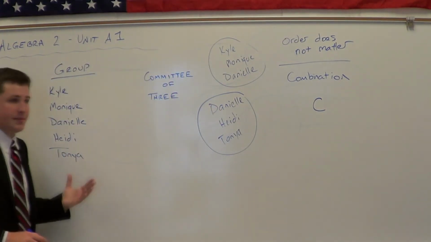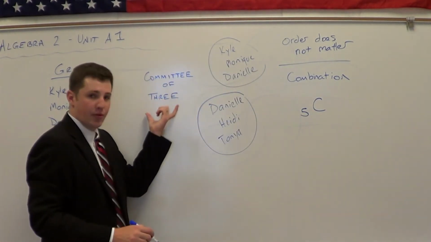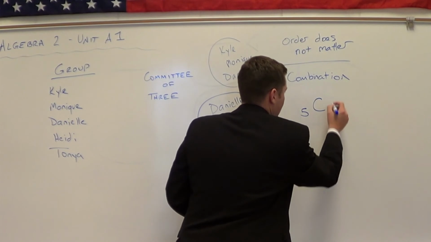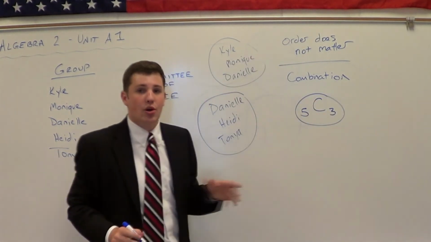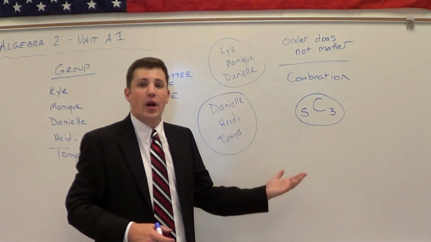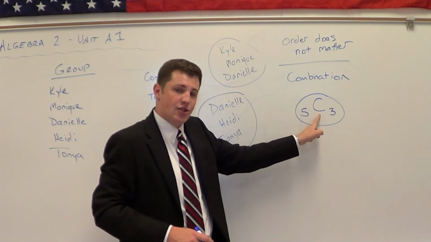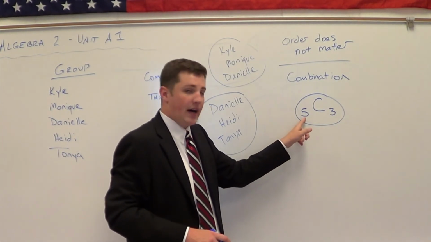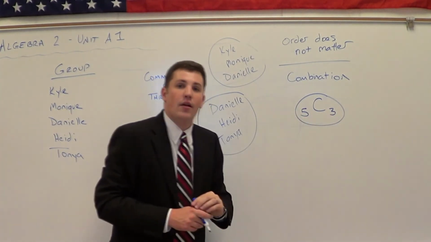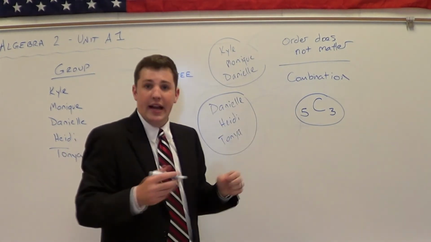There were 5 possibilities. We're picking 3. Next class period, I'm going to show you how to use the calculator and a formula to figure out what that number is. But for right now, because the order does not matter, it's a combination. We're taking 5, and we're finding 3. We're finding, in this case, committees of 3. So that is going to be our answer for right now.